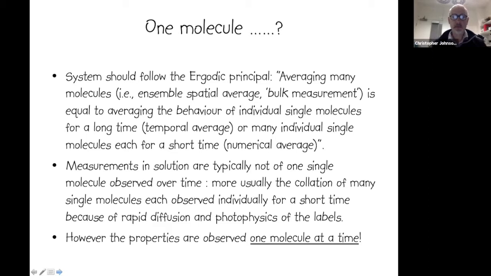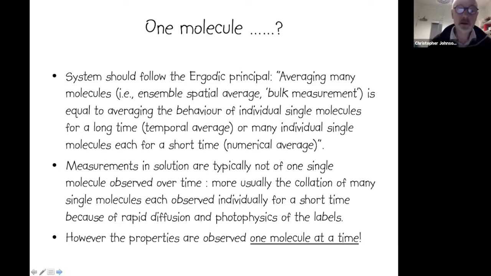That's a temporal average, or many, many individual single molecules, but each for a short period of time in a numerical average. So measurements that we make in solution, which we call single molecule, are not typically performed on one single molecule observed over a long period of time. More usually, the single molecule data is the collation of many single molecules, which have each been observed individually for a short period of time.